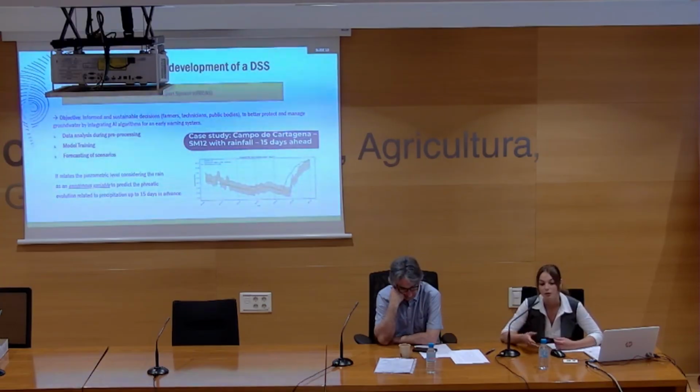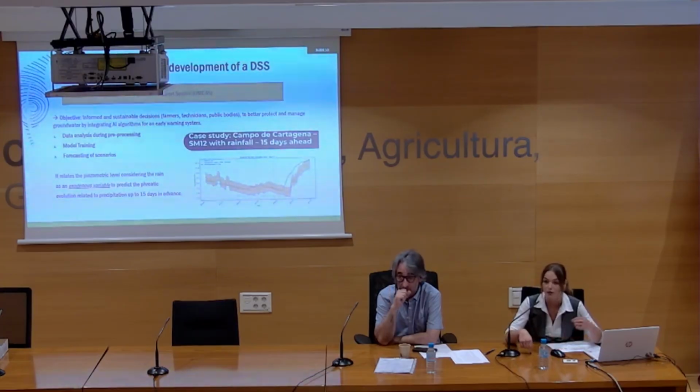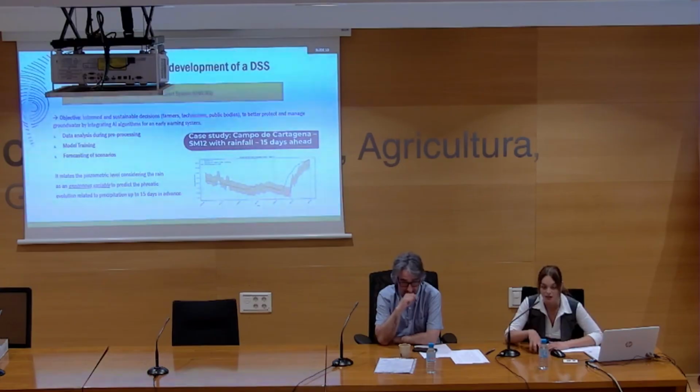They also relate the fluctuation of groundwater to a precipitation data set as an exogenous variable. And in this way, what we have achieved right now is a forecast of 15 days ahead.